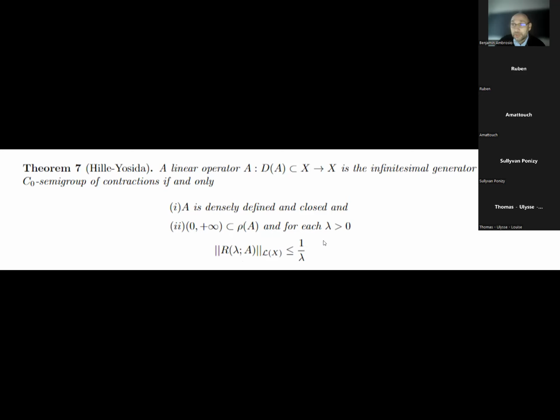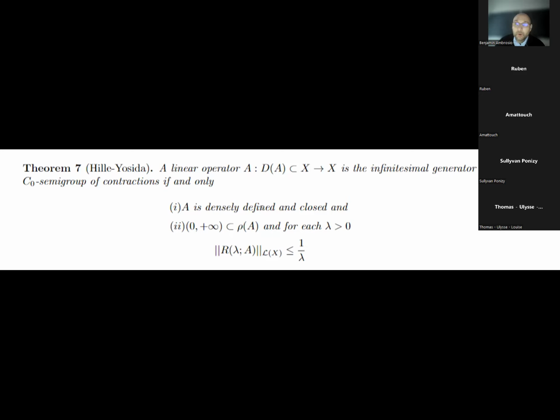So we will see today the necessity, meaning how these conditions come from. This is interesting. If you have a C0 semigroup of contractions, then these two things are verified. We are going to see that today.